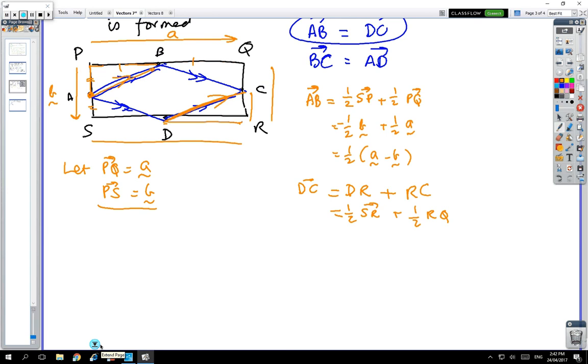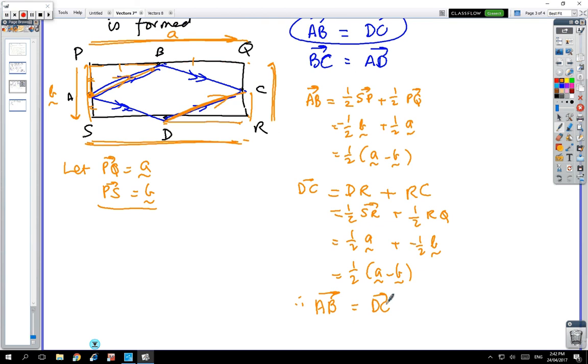S to R is the same as P to Q, so I've got half of A, and R to Q is the same, so RQ is the same as SP, so I've got plus minus a half of B, which is a half of A minus B, so therefore AB equals DC. And similarly, you can show that that equals that, which you would have to do for the whole proof.